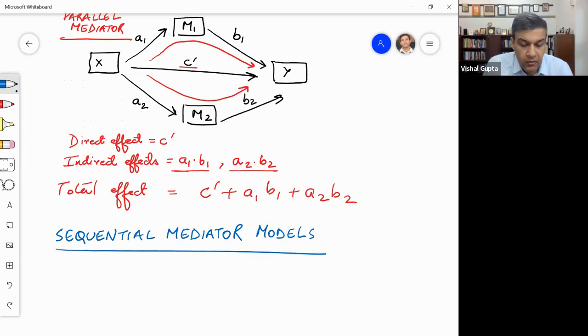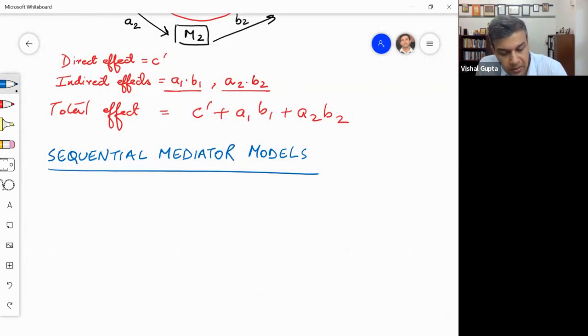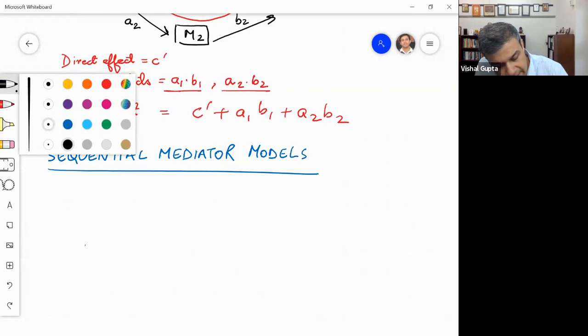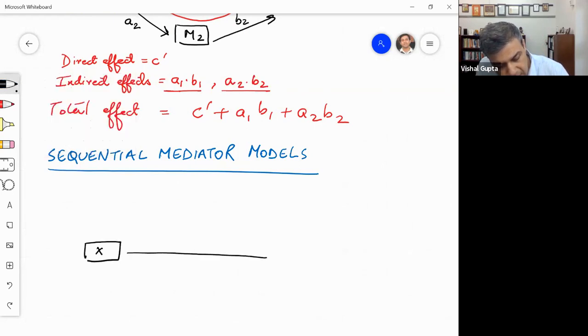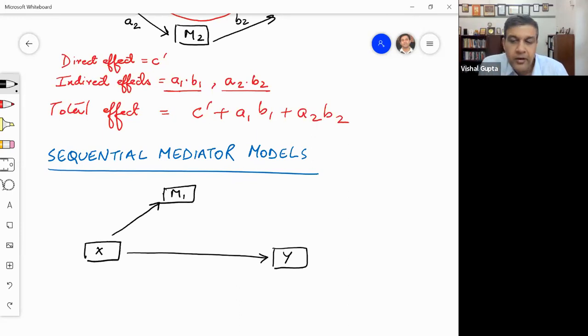What happens in a sequential mediator model is you have X, and you are testing its relationship with Y. Let's take the case of two mediators, M1 and then M2. These are arranged sequentially: X is related to M1, M1 is related to M2, and M2 is related to Y. So X causes M1, M1 causes M2, M2 causes Y.